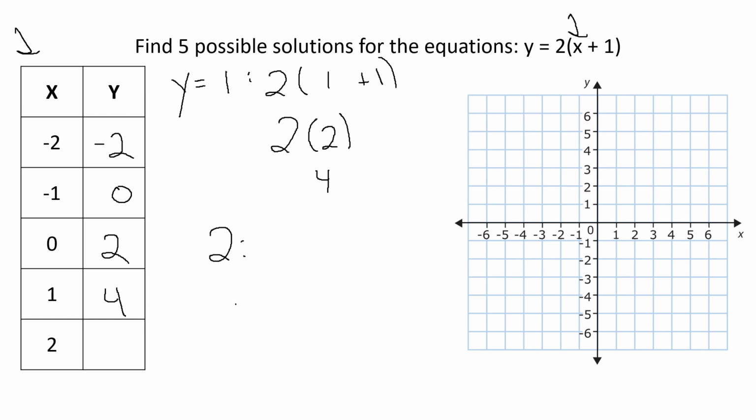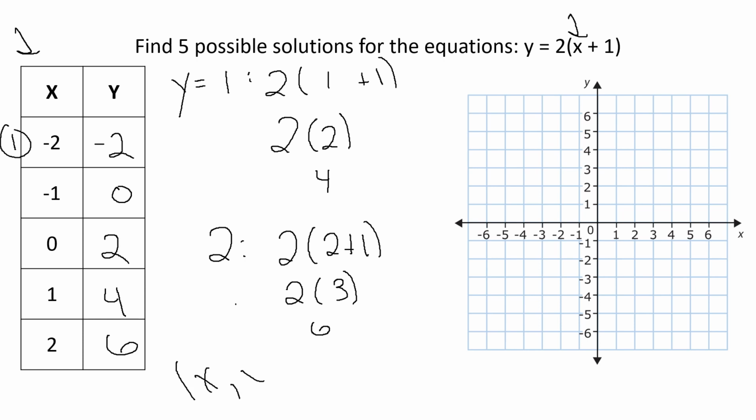And then let's plug in positive 2. 2 plus 1 is 3. 2 times 3 is 6. So when x is 2, y is 6. So T-chart, pick my values, plug them in and solve for y, and now I just plot these points. My first point is negative 2, negative 2. Remember, it's x, y.